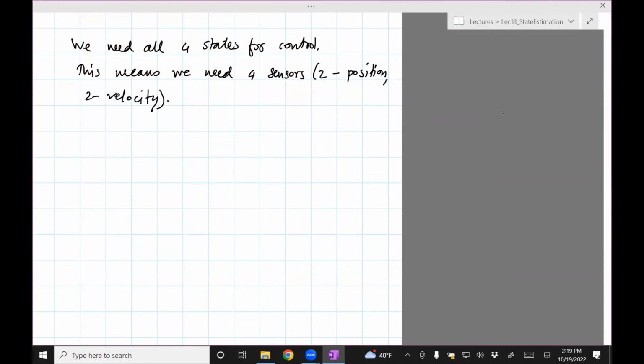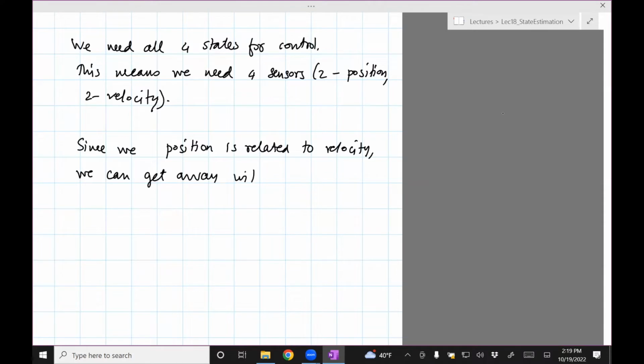Okay, but clearly this will make it expensive. So what we do is, since we know position is related to velocity, we can get away with only 2 sensors and estimate the remaining 2.